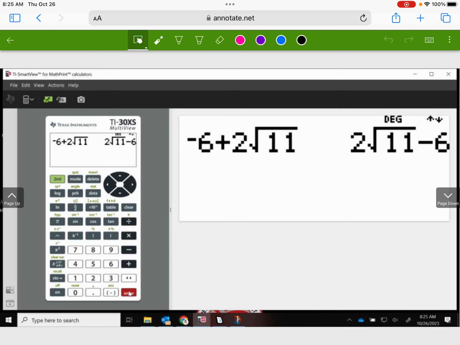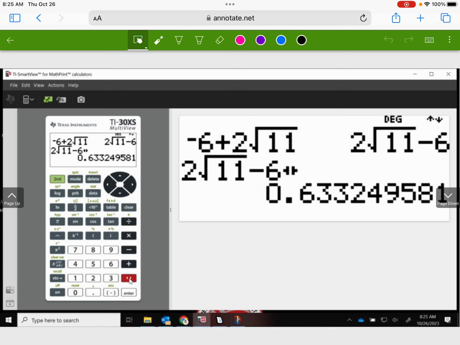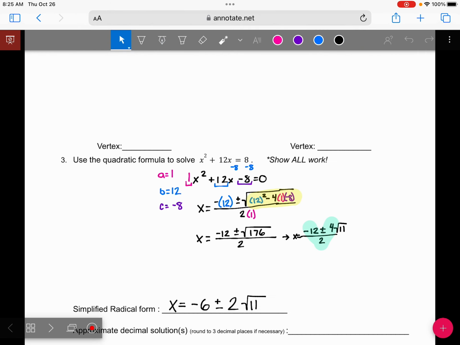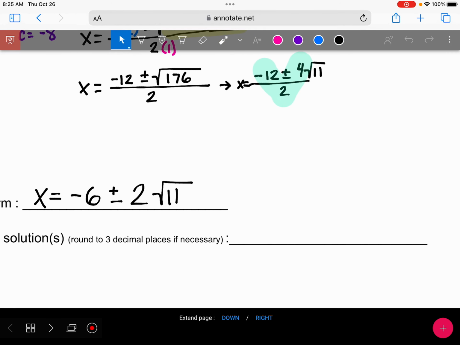You'll hit enter, the calculator will try and simplify it for you, and all it does is swap things around. Hit the 2 arrows above the enter key, and it'll give us our decimal of 0.633. We're going to only do 3 decimal places. So our first approximate decimal answer is that x equals 0.633.